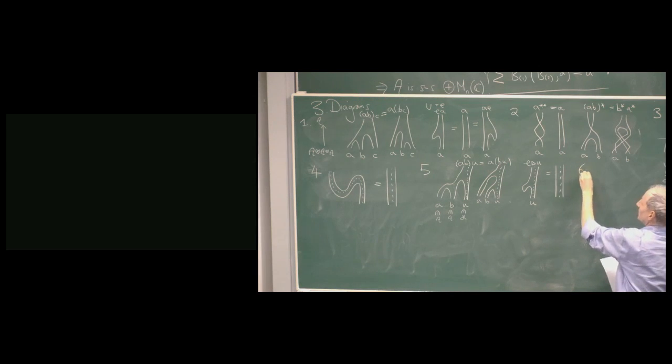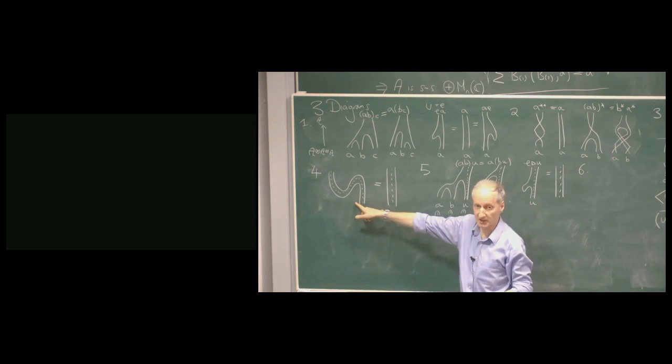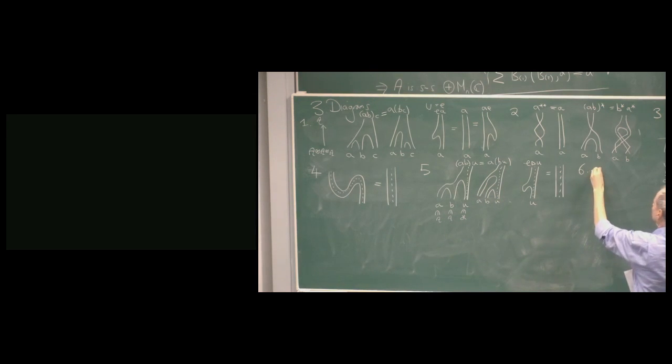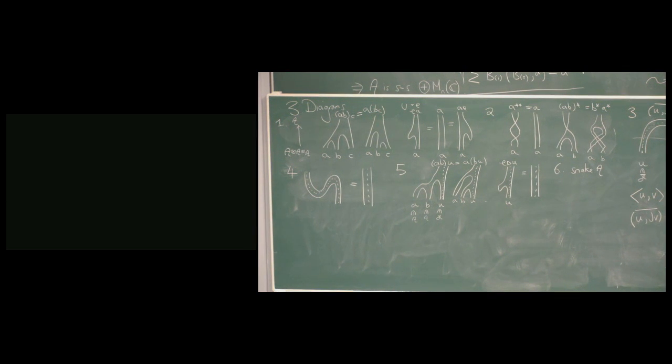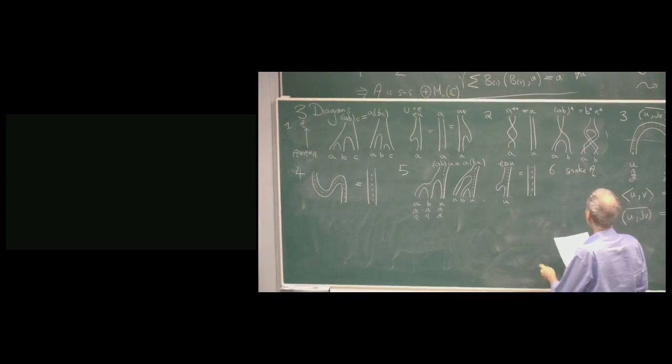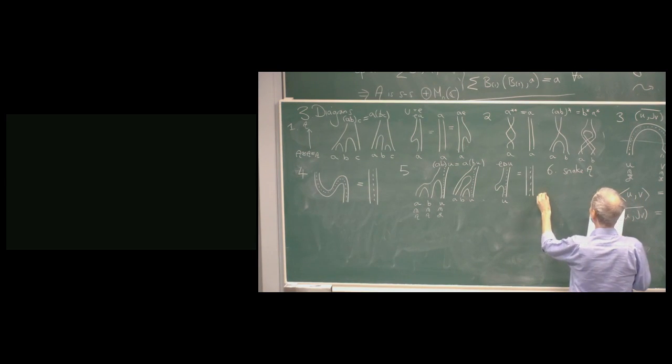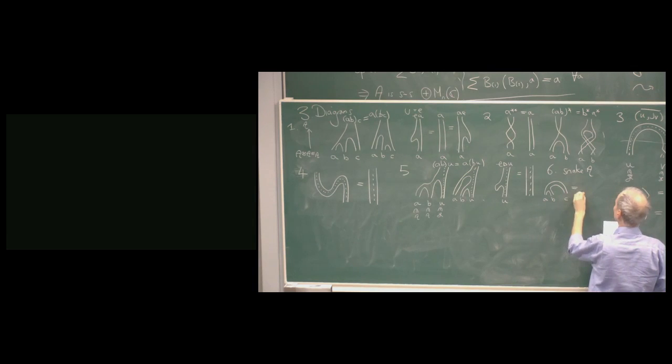And then 6 is similar. This is called the snake, by the way. So there's a snake for A. So just draw the same diagram without the dotted lines in it. There's some more relations. For example, the associativity of the Frobenius form here is like this.